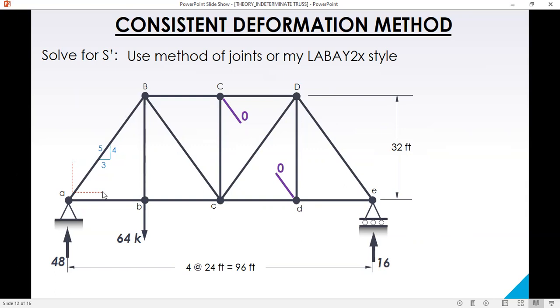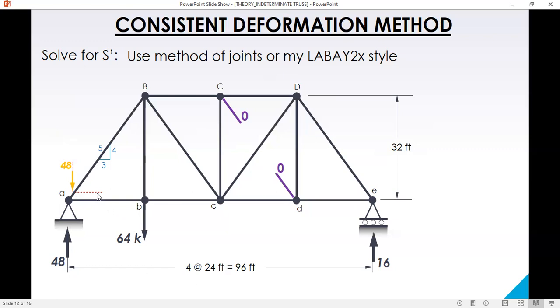So the purpose of the labay-labay style is we start with the axis that has only one unknown. So we choose vertical. Now, so that the total vertical force is equal to 0, we must balance this reaction by the same vertical component, same value, 48. To add the two forces, the total is 0.